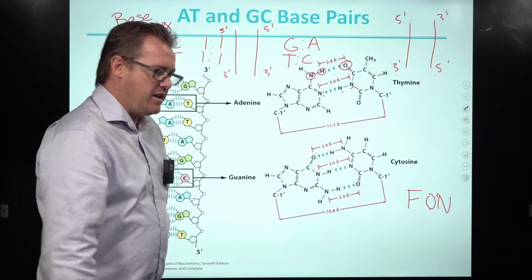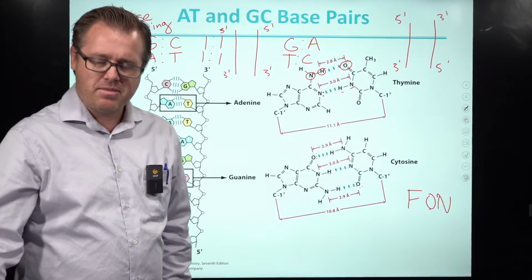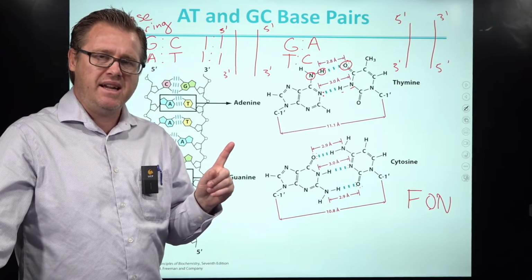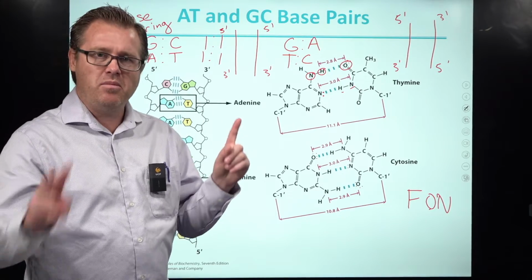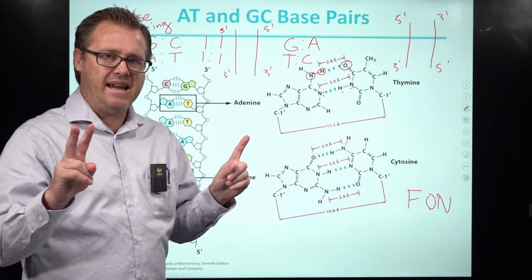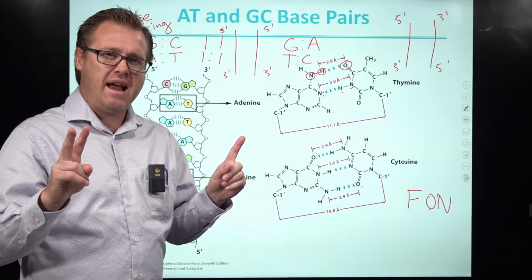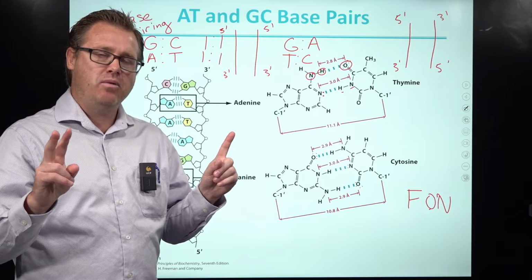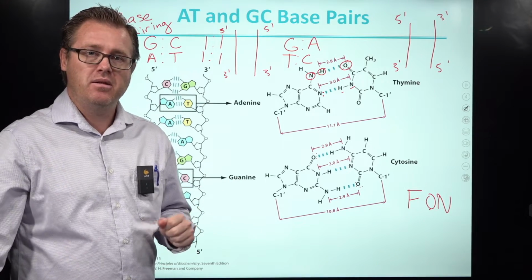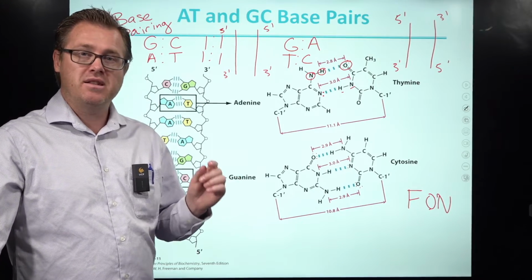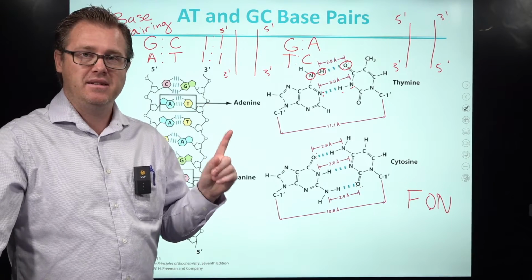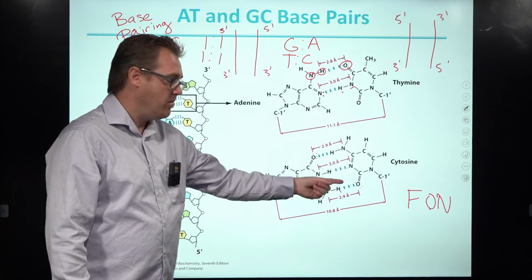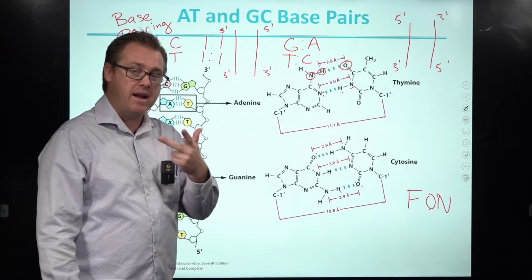So if we come back to the thought experiment that I'm giving you, you have a DNA molecule with high GC content and a second molecule with high AT content. Which one's going to have the higher melting temperature? The one that's going to have the higher melting temperature is the DNA molecule that has the most GC content. And that is because the GC base pairs here have 3 hydrogen bonds.